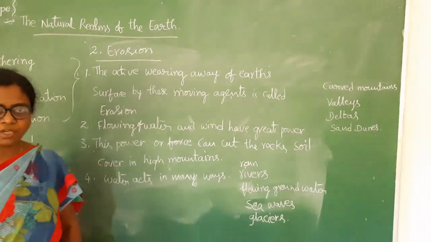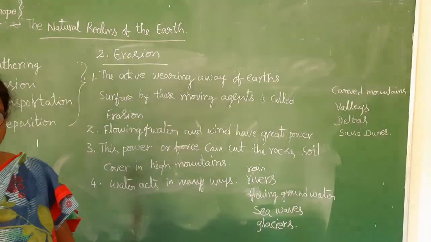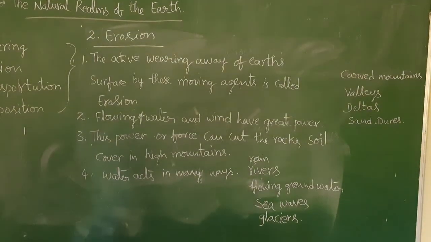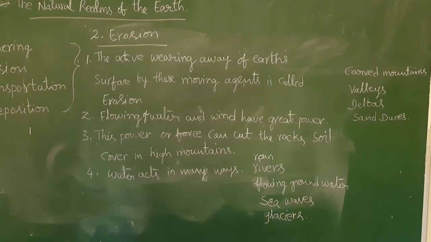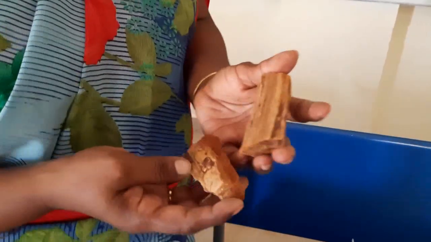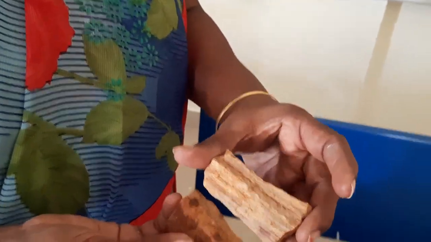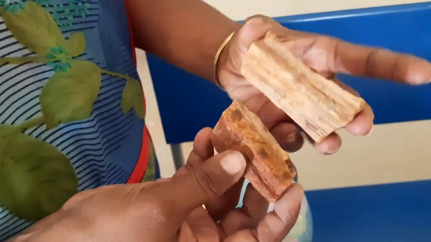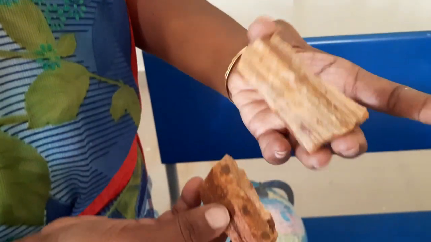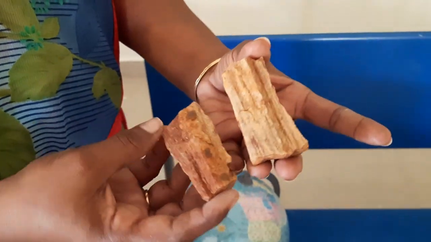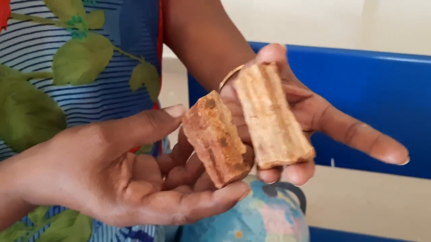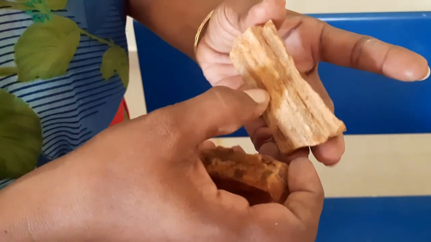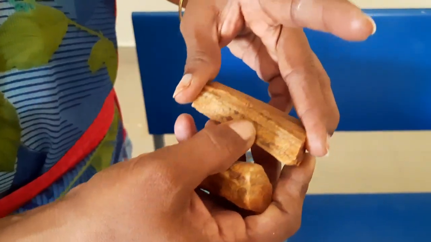See here, if you observe the two small stones, because of weathering and erosion, these rocks' shapes and outer portion became like this. The outer portion became very sharp and very brittle also.